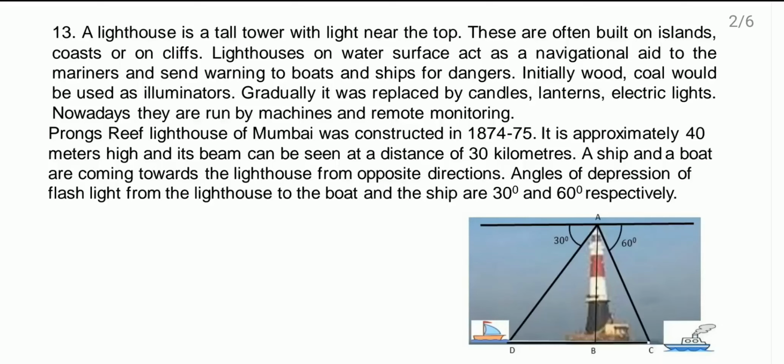This is a case study based question. Question number 13. A lighthouse is a tall tower with light near the top. These are often built on islands, coasts, or on cliffs. Lighthouses on the water surface act as navigational aids to the mariners and send warnings to boats and ships for the dangers.